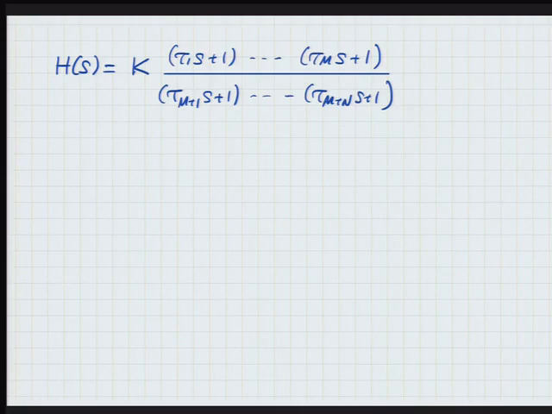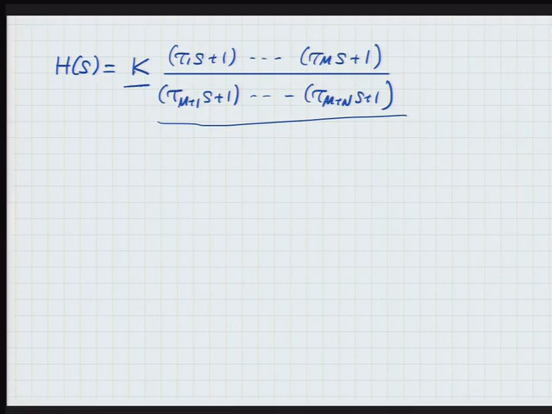Now, you now see the role of the k, because when we write things in this form, tau s plus 1, when I set s equal to 0, they become 1. Okay? So anything you write of this form here is going to have a DC gain of 1. A DC gain that is different than 1 would have to be factored out in the form of this k. Right?